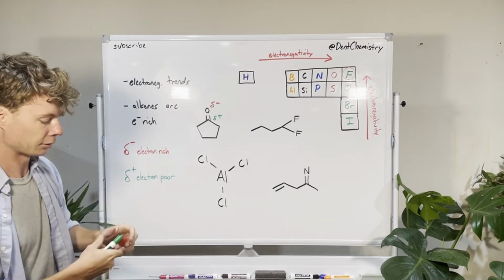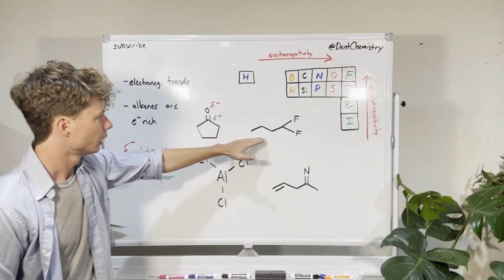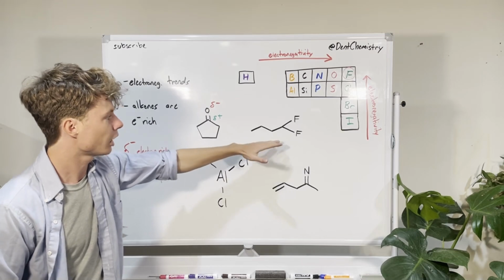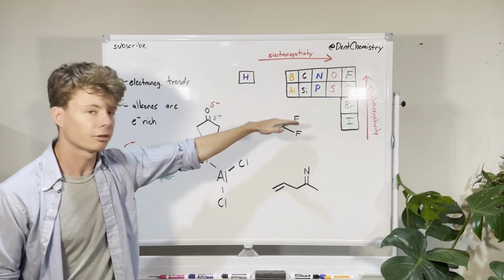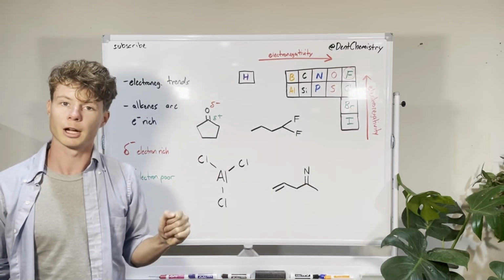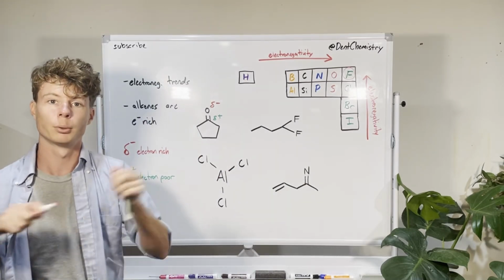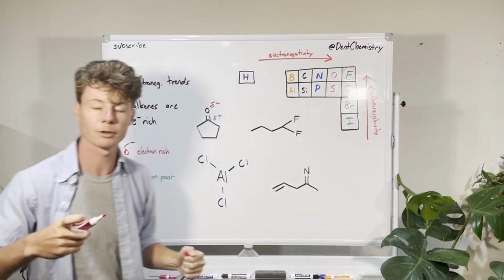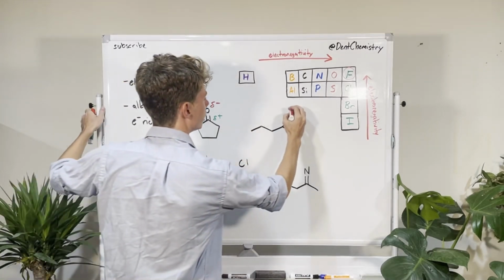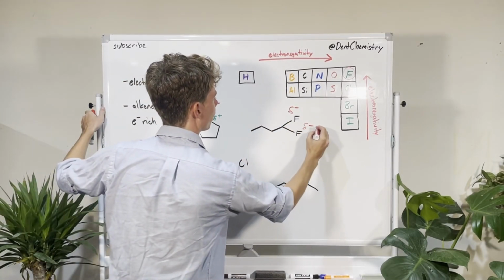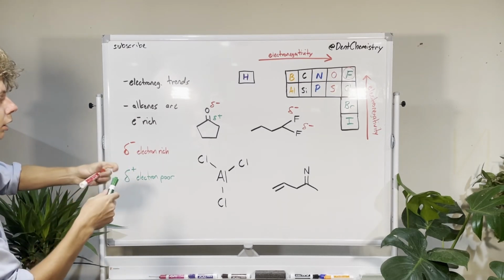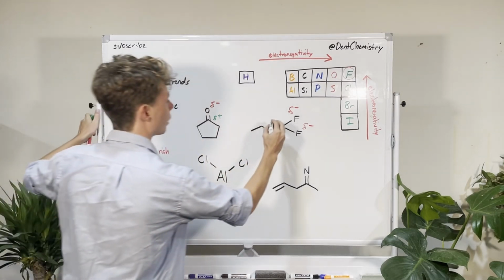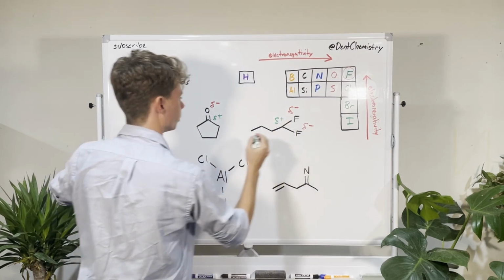Let's get some more practice here. I have this carbon chain, butane with a couple fluorines on the end, okay? Our fluorines there, really electronegative, right? They're pulling electron density away from the carbon they're bonded onto. So they're going to get that partial negative charge to show that they are electron rich. And my electron-poor site will be the carbon they are bonded to.